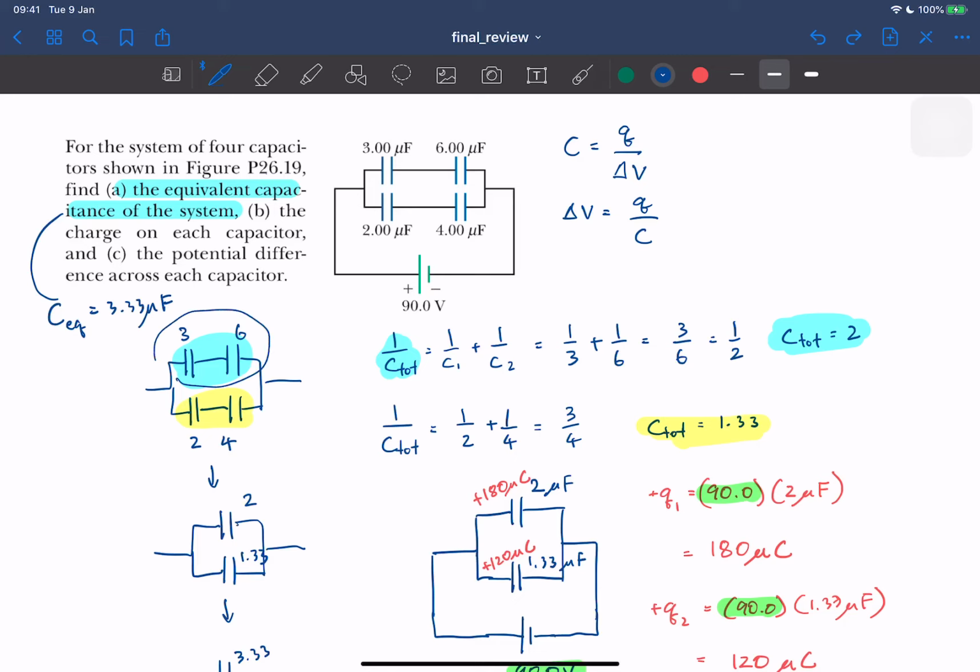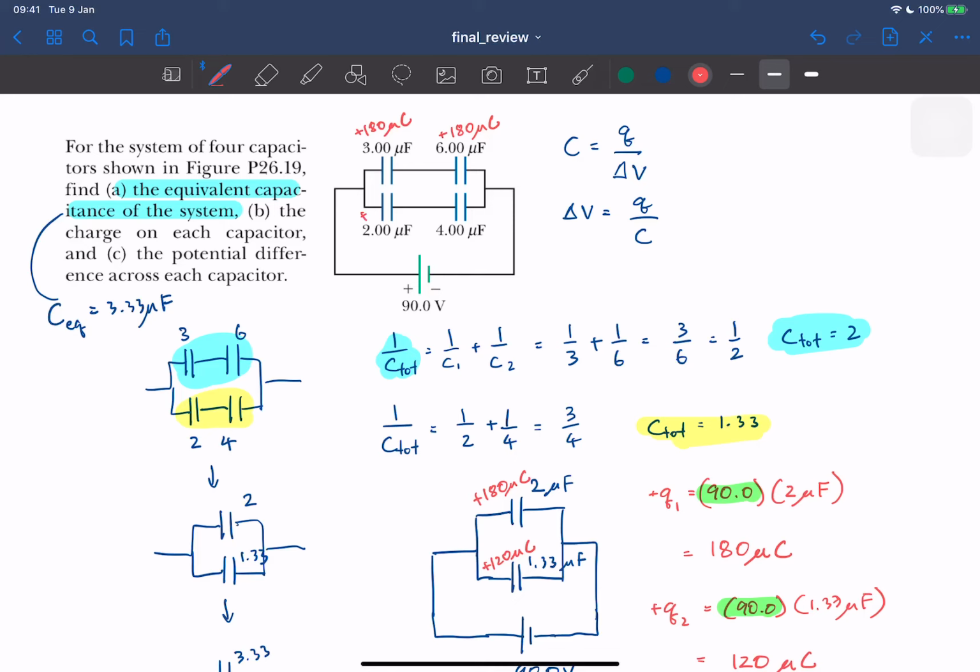But once you know that this is 180 microcoulombs, for capacitors connected in series, the charge is going to be the same on each capacitor. So that means we are done for this part. Because this is 180 microcoulomb, it's also going to be 180 microcoulomb on the other capacitor. So capacitors connected in series have the same charge.